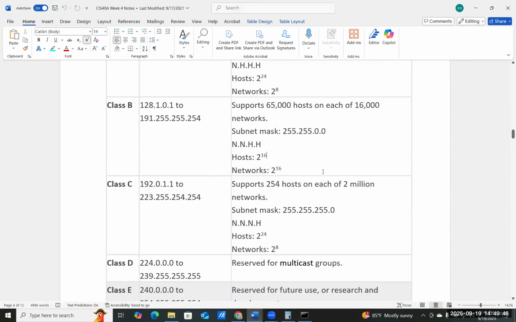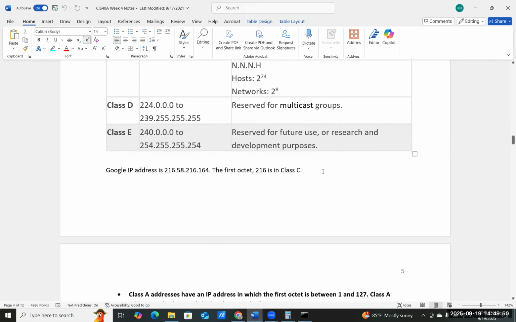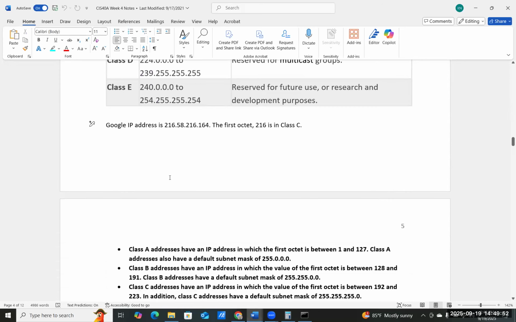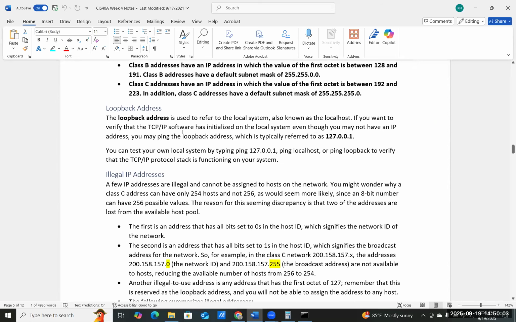Again, the classes, you can find this on page 4 of your notes. And then I gave you some examples, like Google IP is this. And the first octet, we would see what class that is, how you can determine the class, what's a loopback address, and then illegal IP addresses.